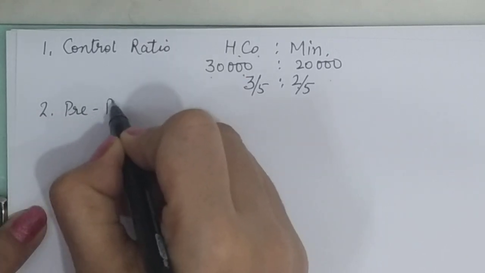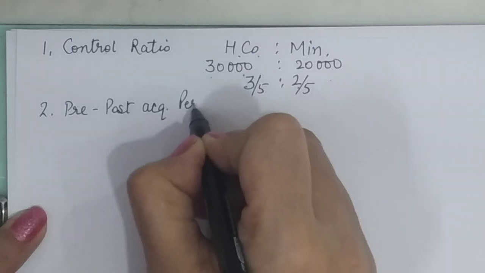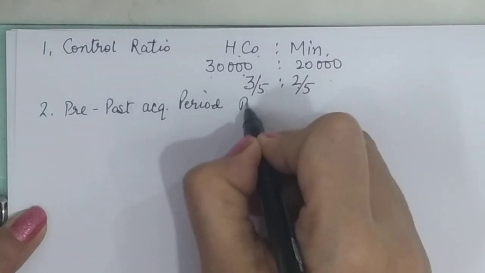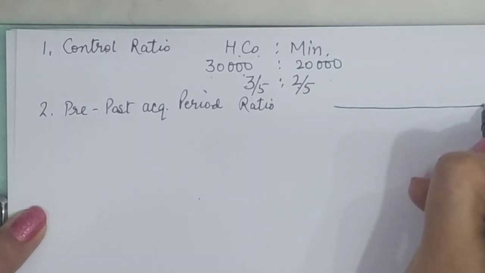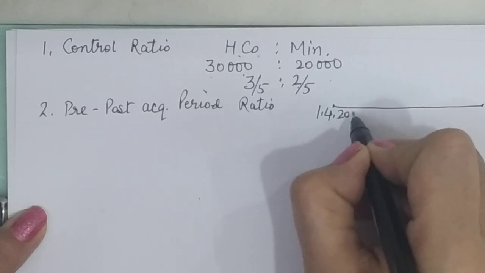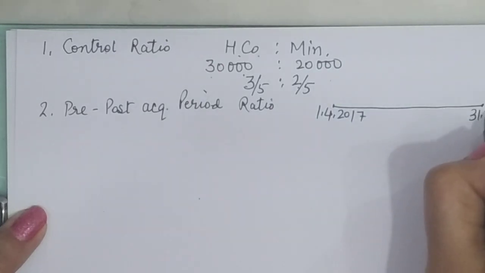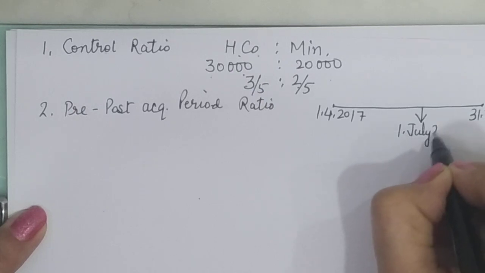Second is the pre and post acquisition period ratio. So for that matter, follow the basic procedure. Your current year starts on 1st April 2017, ends on 31st of March 2018, and in between the shares have been acquired on 1st July.